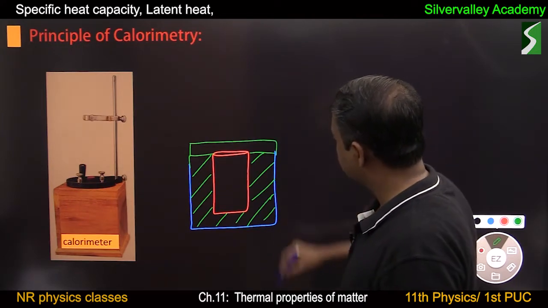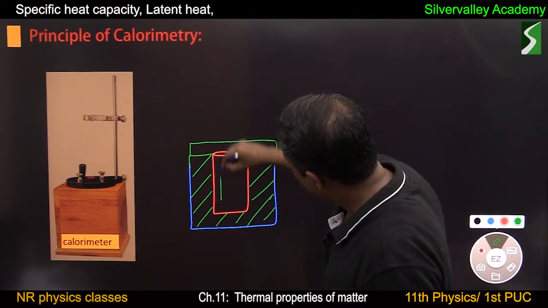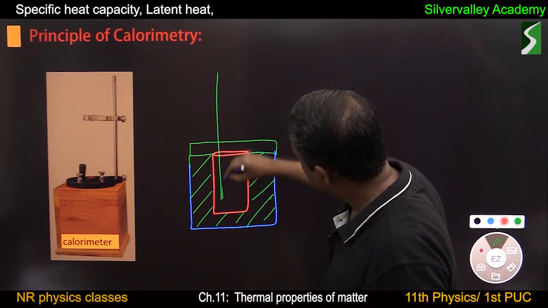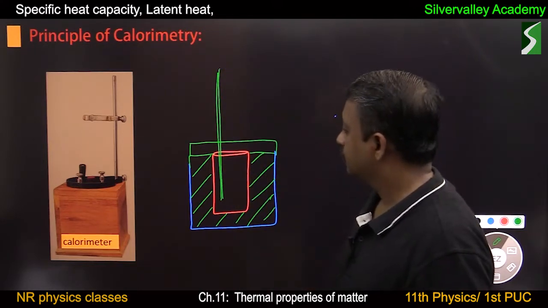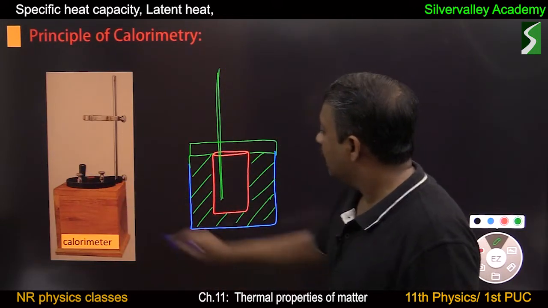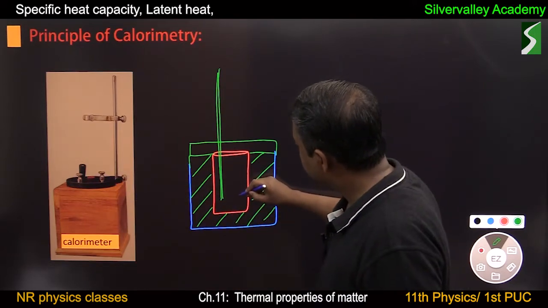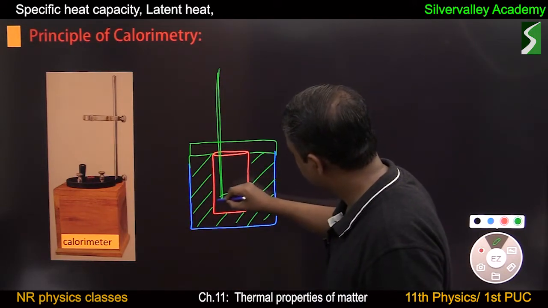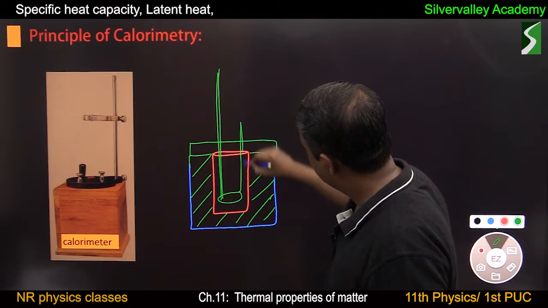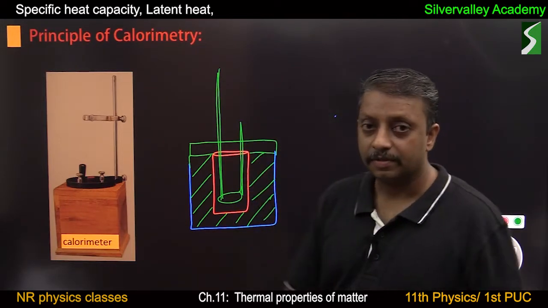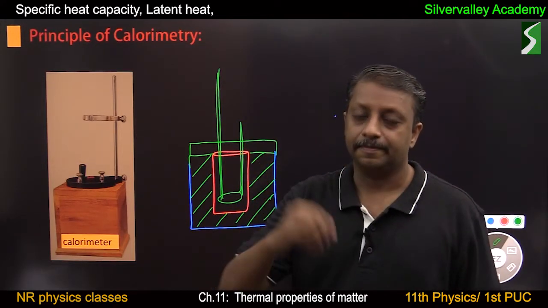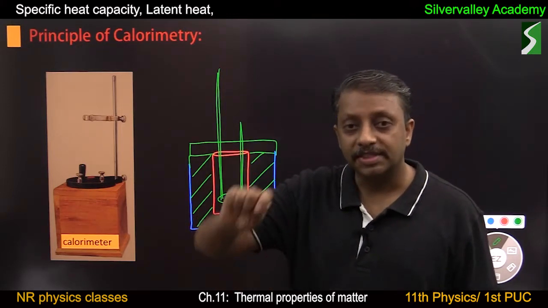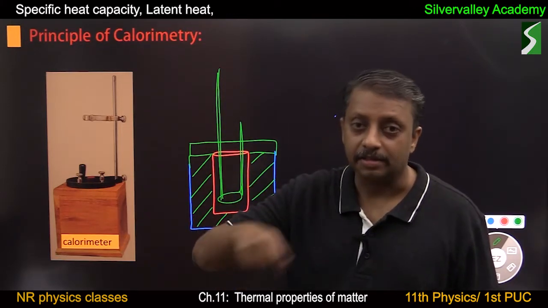Of those 2 holes, one hole is utilized for the thermometer, and in the other hole, there is a stirrer. So this is the stirrer, the one which is used to mix. In the kitchen, we use a spoon as a stirrer, isn't it?